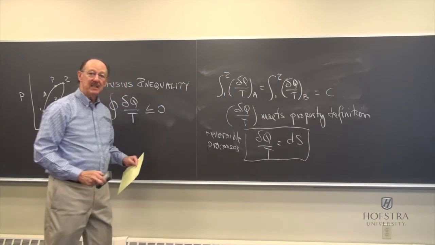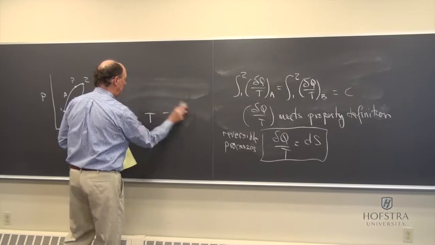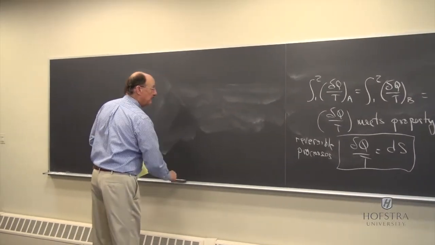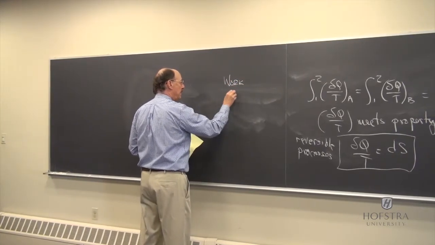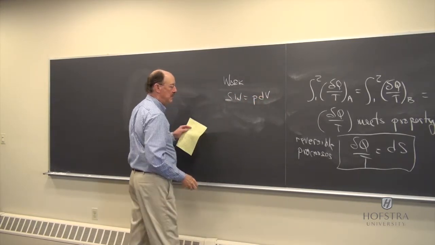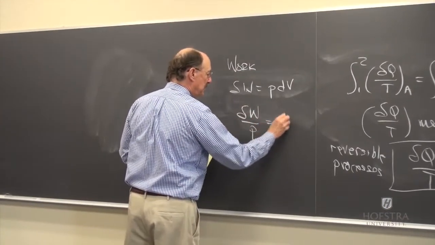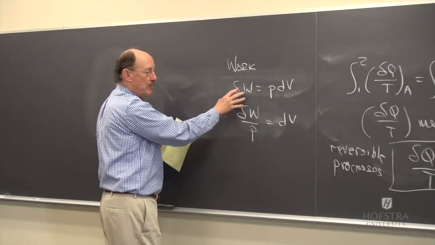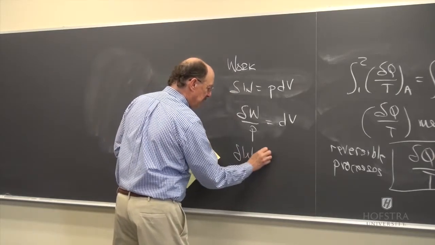If you recall, we had a similar situation when we looked at work. When I looked at work, I had that del W was equal to P dV, or del W over P is equal to dV. So this is analogous, where we have an inexact differential or a path function. Del W is a path function.